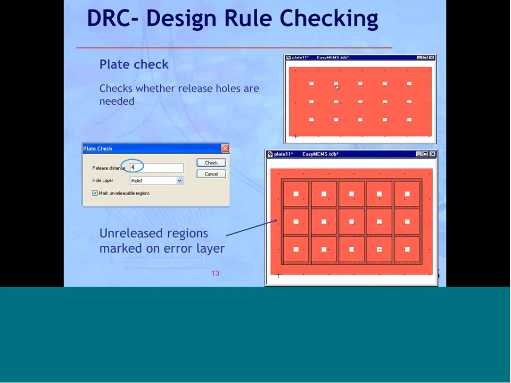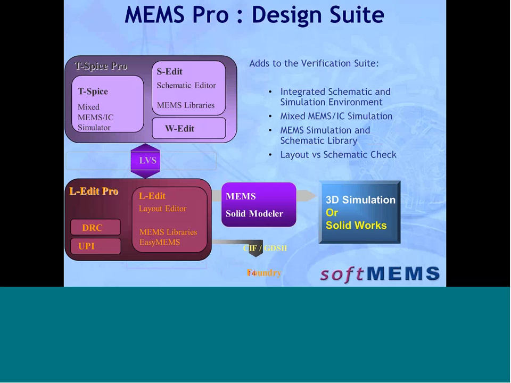So we have a design rule check that enables you to discover whether your device will be released or not, given the foundry design rules. We can then mark, as shown on the slide, the unreleased regions. And these will be marked on an error layer, so you can go back and add more holes to your structure if it's needed.